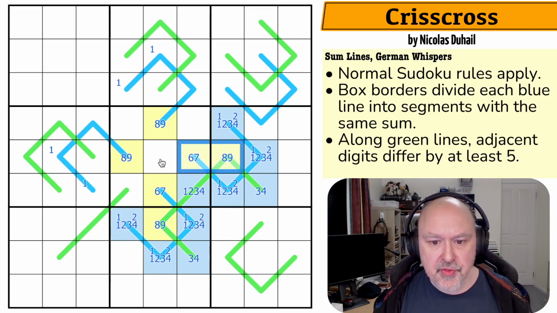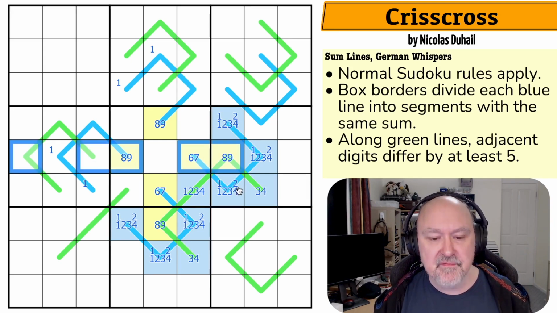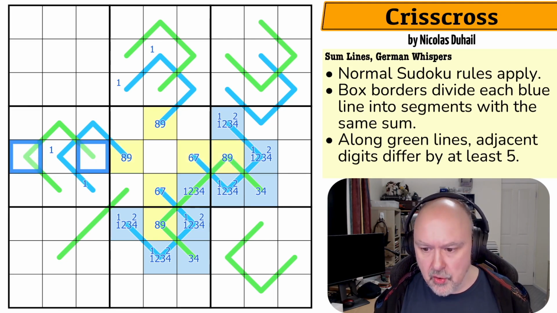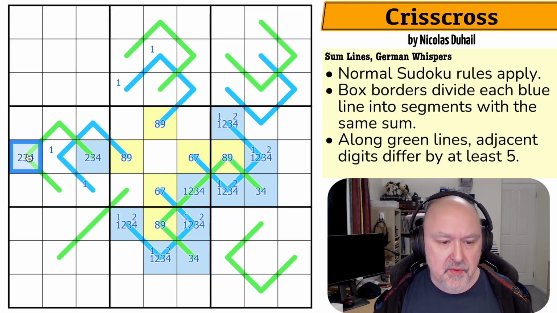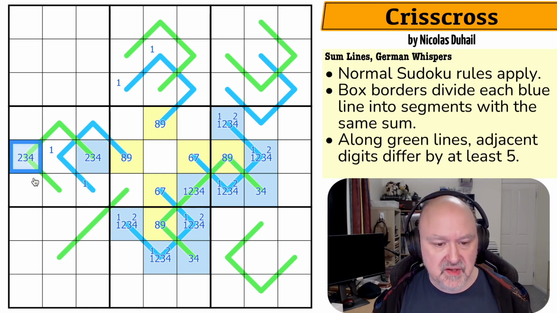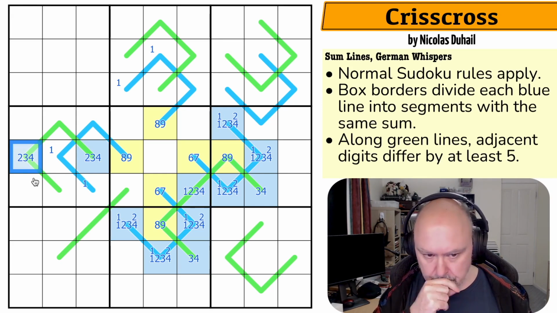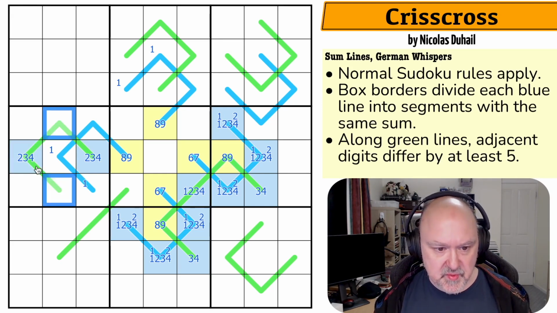Now, because I've got 3 high in this row, these can't also be high, or I'd need 5 digits above 5, and there's only 6, 7, 8, and 9. So these are low digits, which do not include 1. So these are from 2, 3, 4. This one can't be a 4, because if this was a 4, the only digit that is 5 away from 4 is 9, and both of those would need to be a 9.